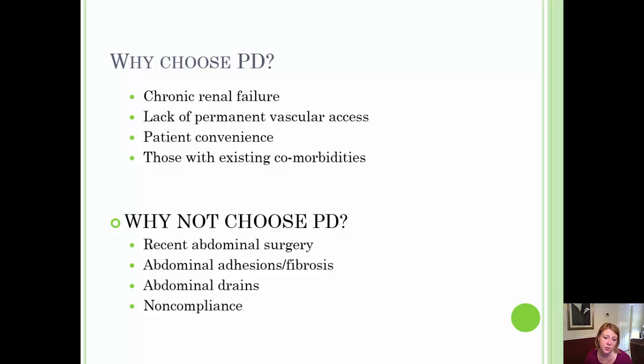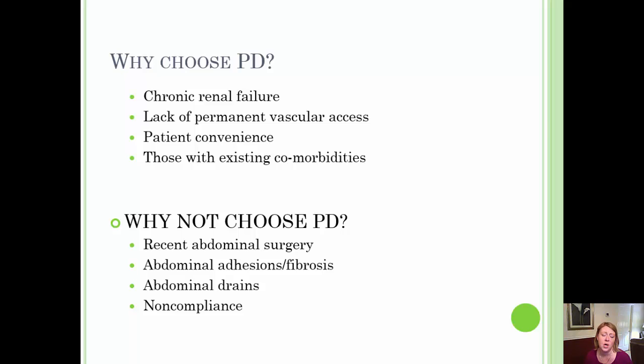Abdominal adhesions and fibrosis make the tissues difficult, and the tissues would prevent the osmosis and active transport, as well as the diffusion of the solutes and the fluids that are required to have an effective exchange of those things.